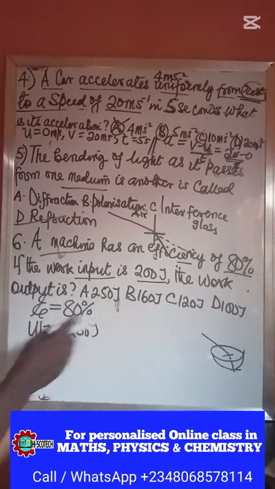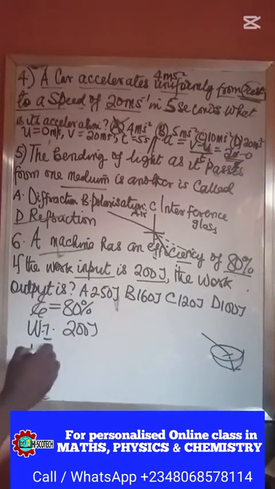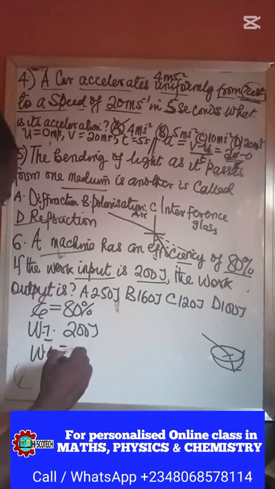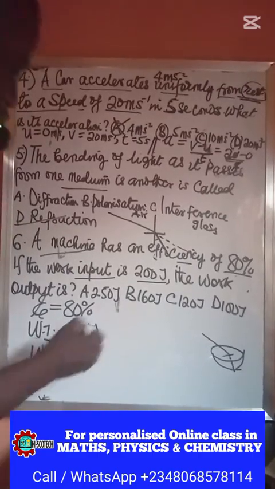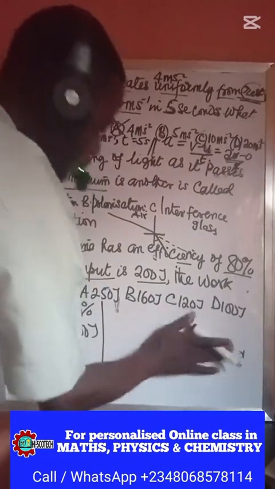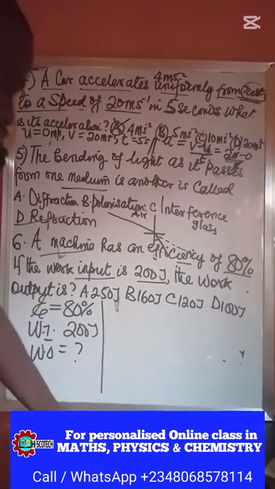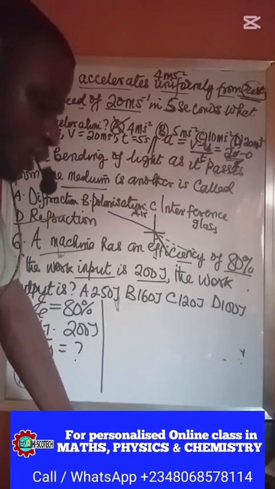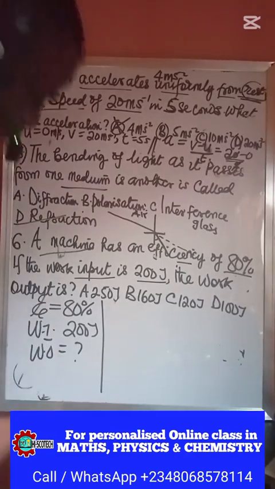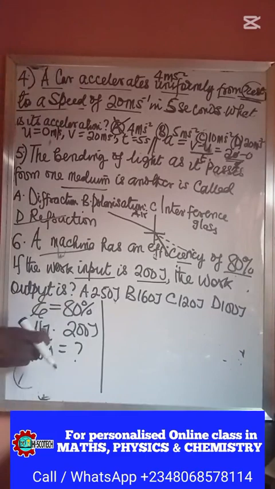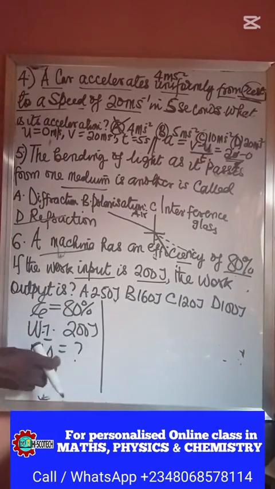We are looking for the work output, which is unknown. Now let's not forget that the efficiency of a system is the ratio of output work to the input work.